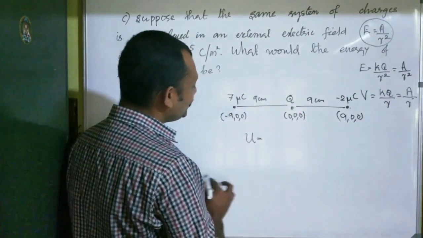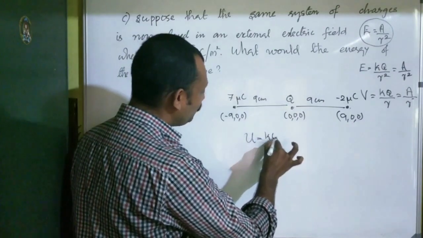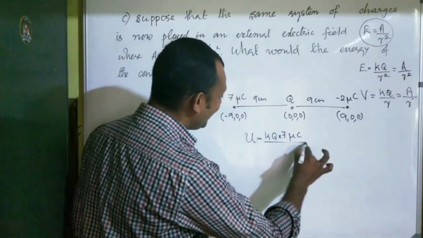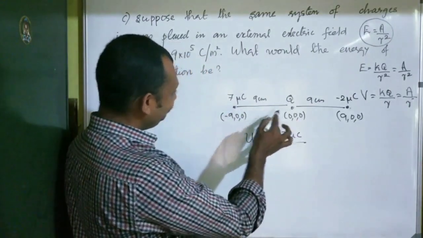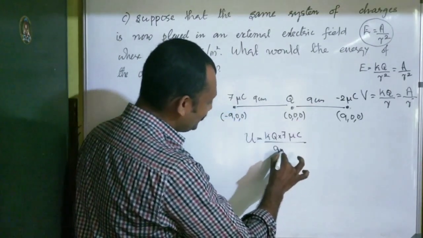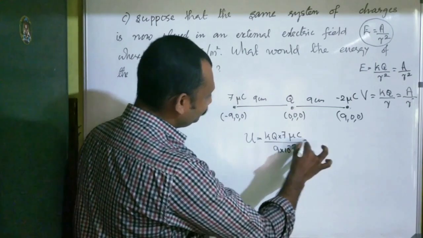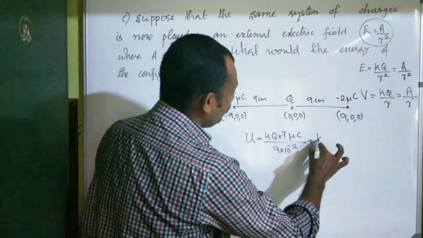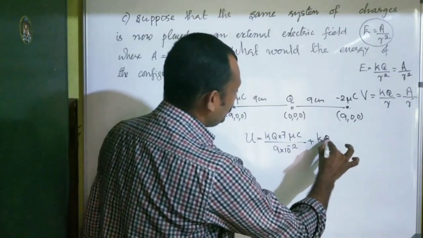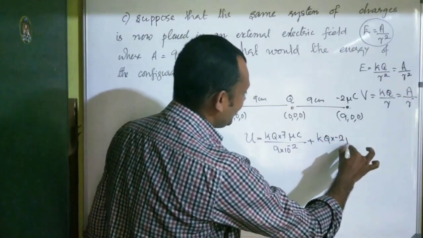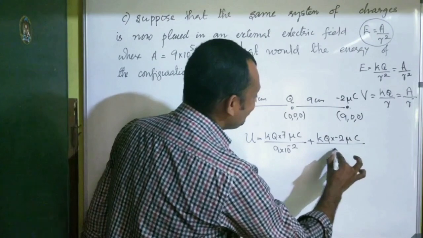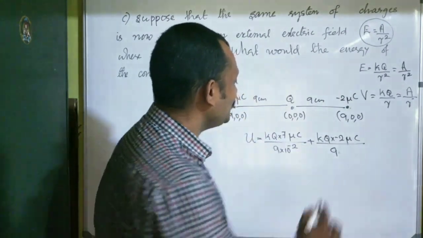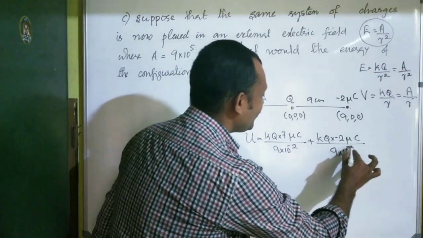Mutual potential energy of this system is KQ into 7 microcoulomb divided by, what is the separation between them? 9 centimeter, which is 9 into 10 raised to minus 2. Plus, what is the mutual potential energy of this system? K into Q into minus 2 microcoulomb divided by 9 centimeter again, 9 into 10 raised to minus 2.